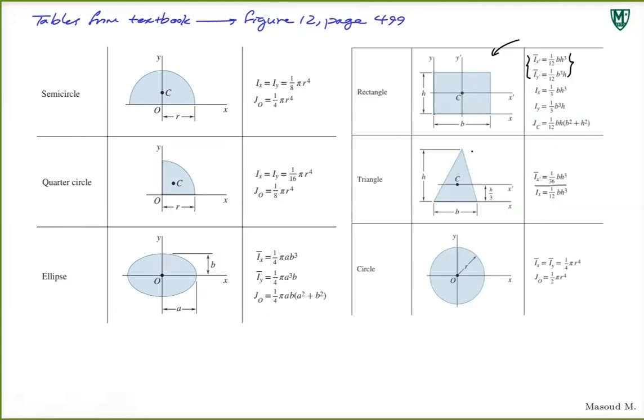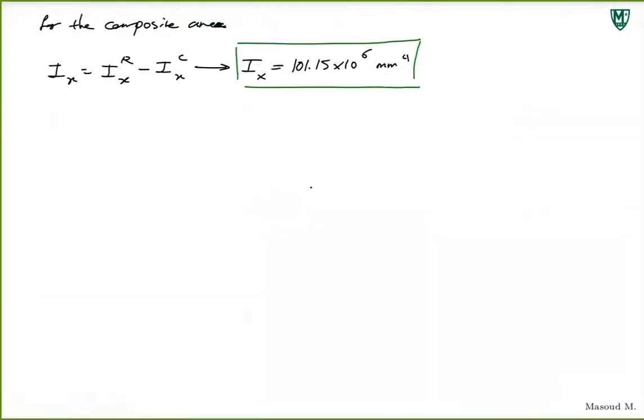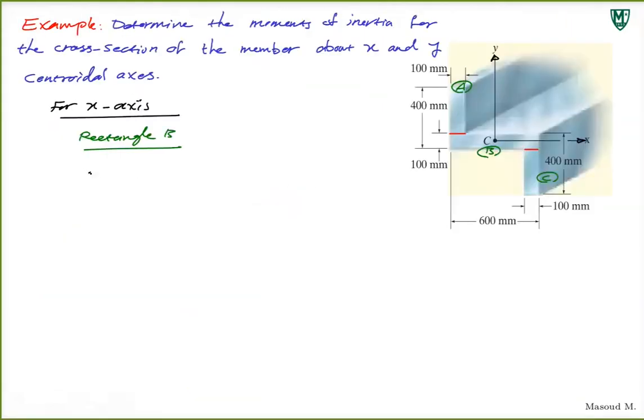Again, we look at the table. What do you have in the table? You know b, the width, and h, the height, and the axes you have for your composite areas are basically the same axes passing through the centroid of the rectangle, which are x prime and y prime. So I x prime bar and I y prime bar are going to be your Ix and Iy for this rectangle.